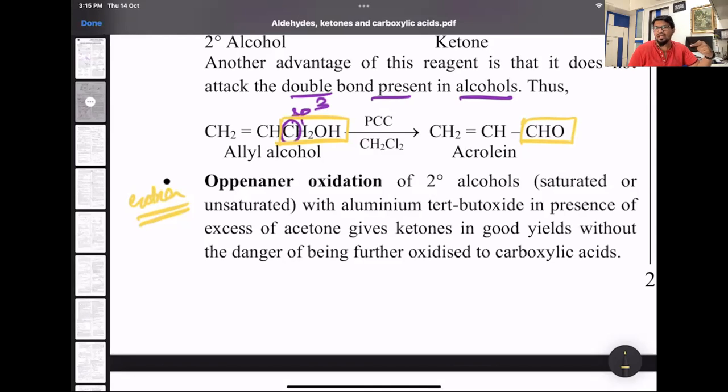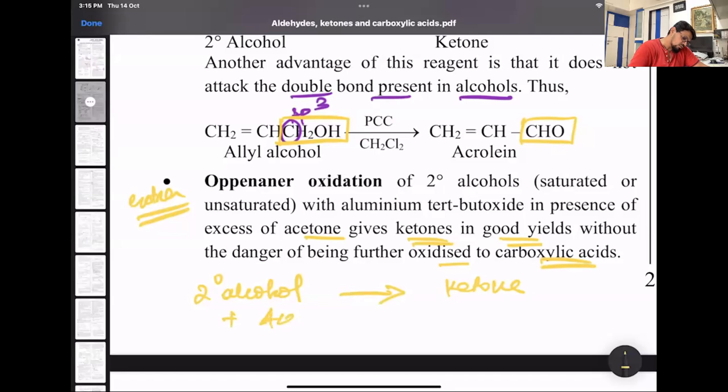In presence of excess of acetone it gives ketone in good yield without the danger of further getting oxidized to carboxylic acid. So it's basically like this: any 2 degree alcohol will get oxidized to the respective ketone in presence of excess of acetone.